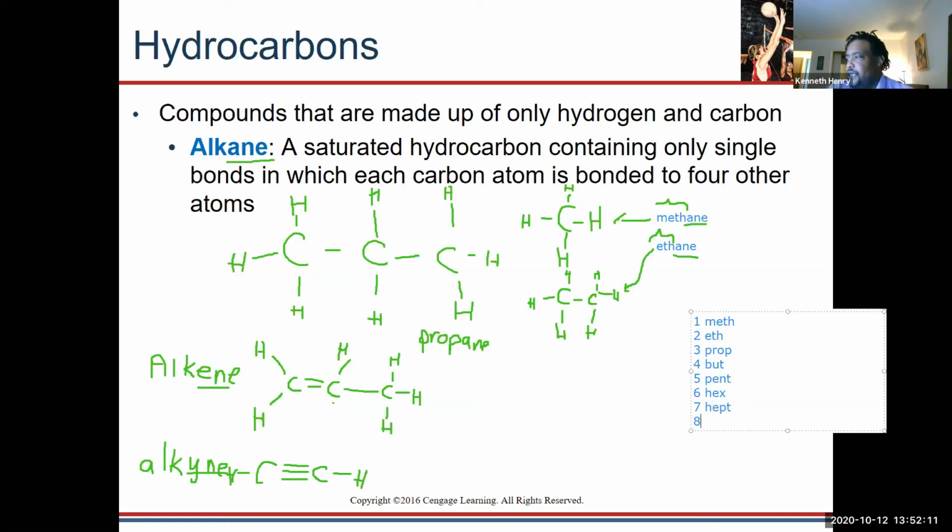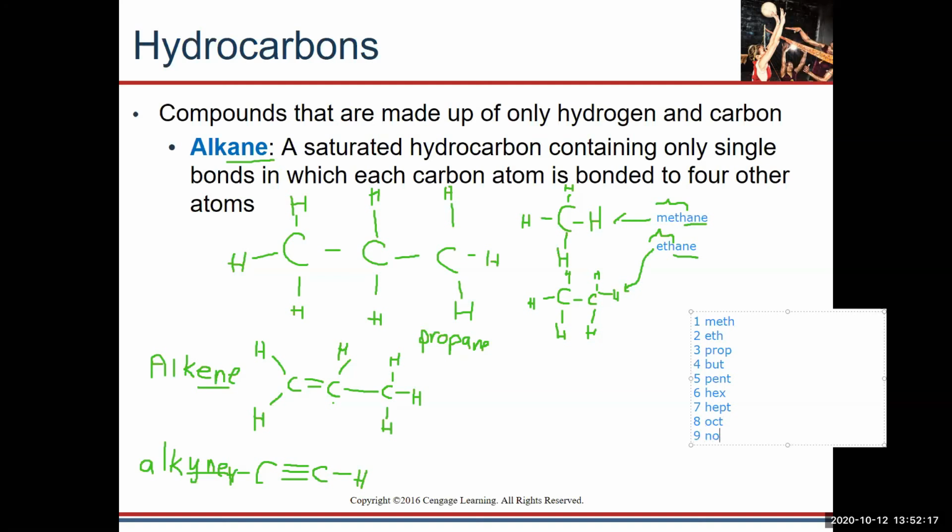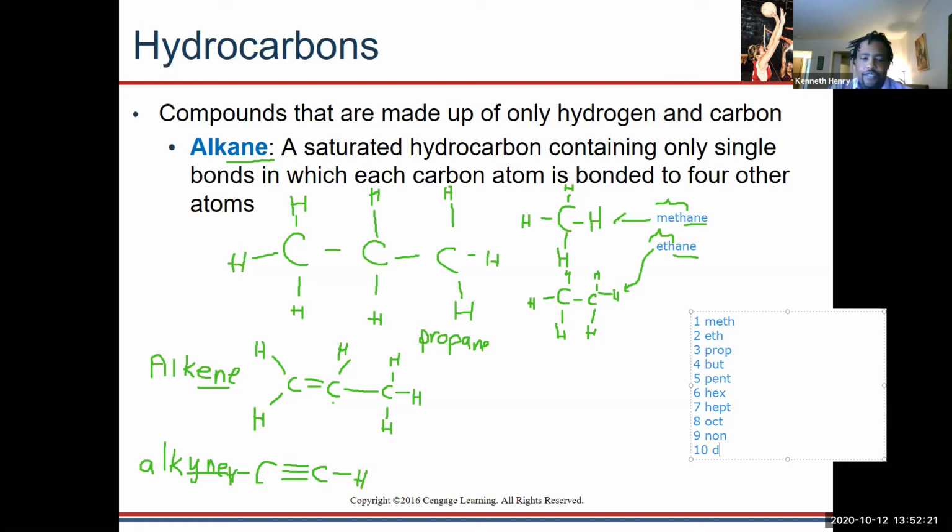If it's 8, it's oct. If it's 9, it's non. If it's 10, it's dec. If it's 11, it's undec. If it's 12, it's dodec. And we'll stop there because I don't want to be drawing all those chains.